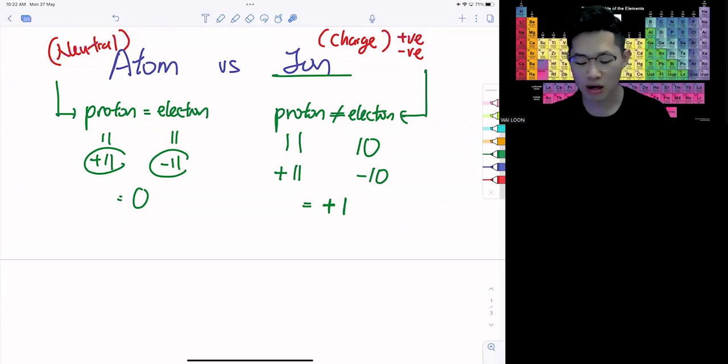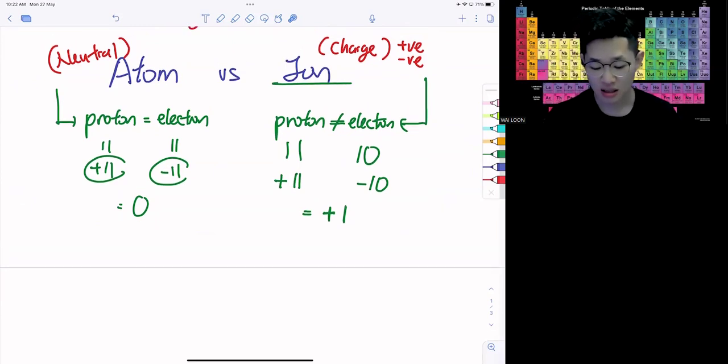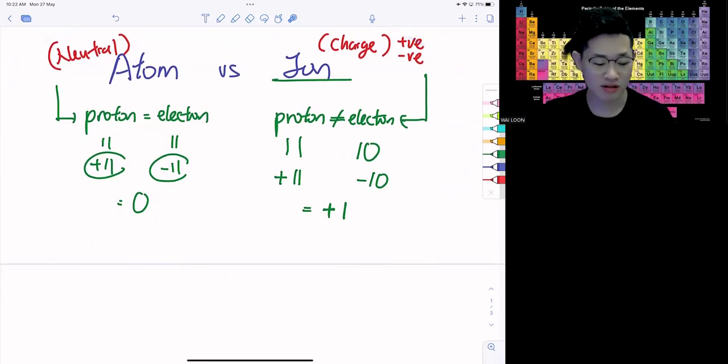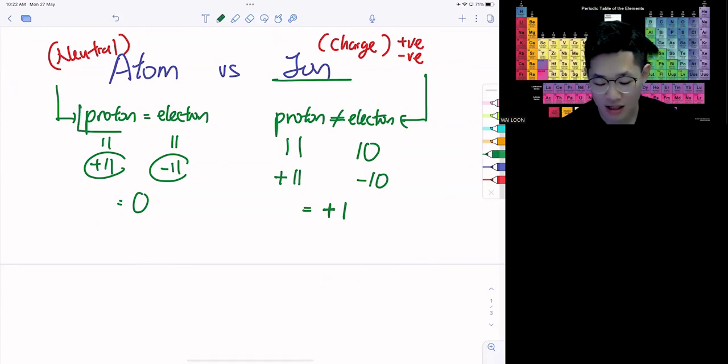Later on, I'm going to tell you why the proton and electron will be different. What makes it to be different? You can write down this important thing first. Very important.